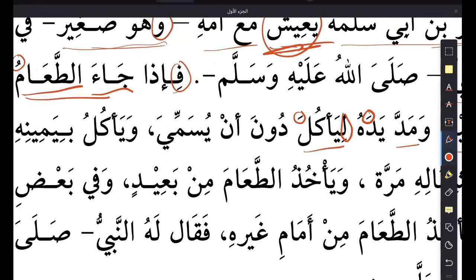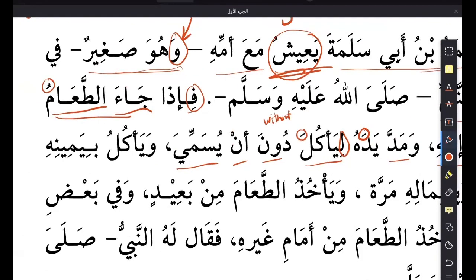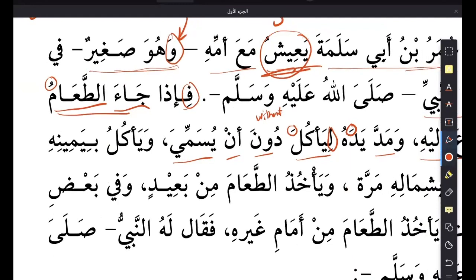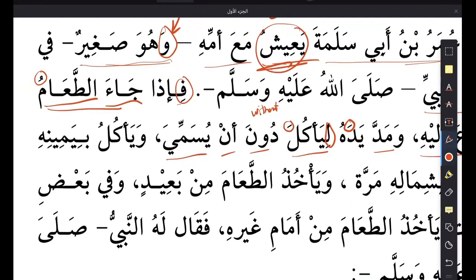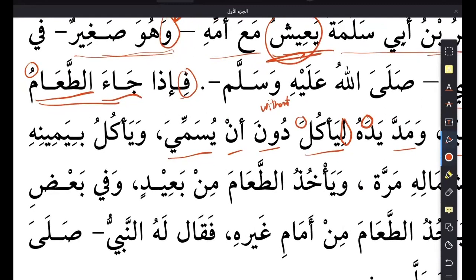He would extend his hand to eat without, duna means without, that he yusammi, that he mentions a name. Yusammi here means to say bismillah, because we know we have to mention the name of Allah before we eat. So he would extend his hand to eat without mentioning the name of Allah.